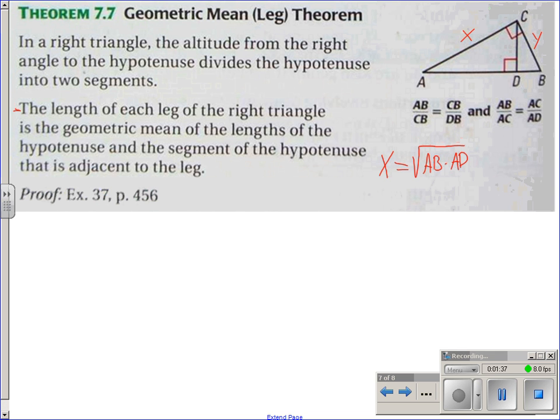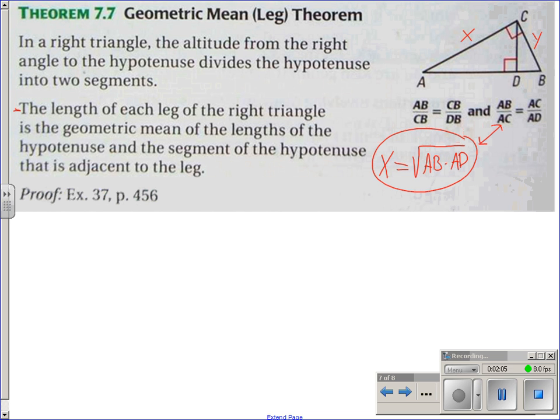So the length of each leg, in this case we're looking at x, it is the geometric mean. So x equals the square root of a product, geometric mean of the lengths of the hypotenuse, so the whole hypotenuse, AB, and that part of the hypotenuse that's closest to the leg you're looking for. So that's this formula, and that is where this proportion, those two things are related to each other.